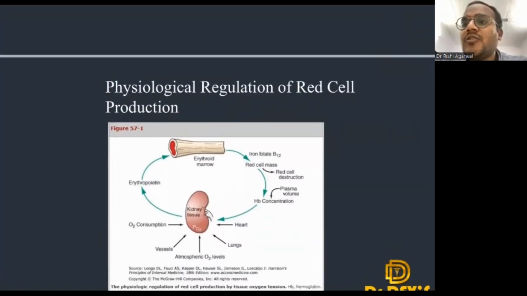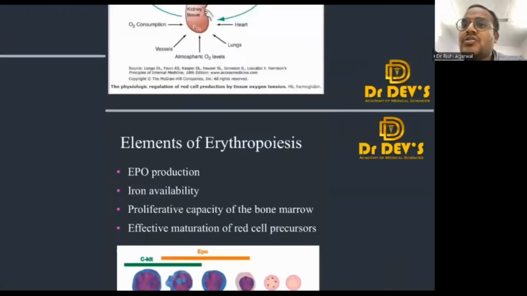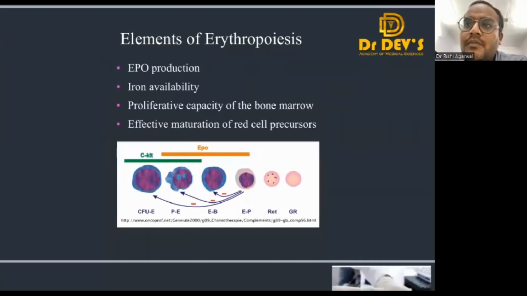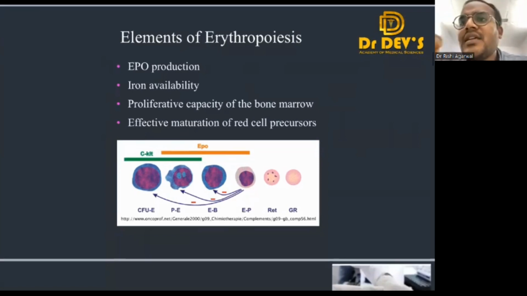That will stimulate the bone marrow, increase the red cell mass, and increase the hemoglobin concentration. The elements of erythropoiesis: first, there will be EPO production, which leads to increased marrow activity, and EPO is produced by the kidney.